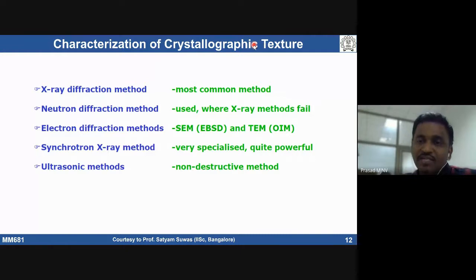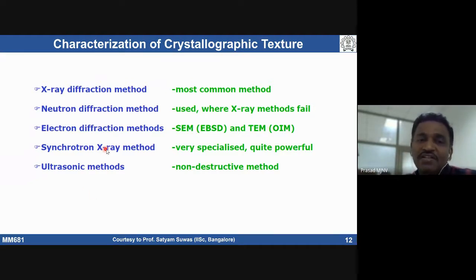Micro texture is basically surface information; localized information will be collected. For macro texture, one can use X-ray diffraction. For micro texture, we use EBSD, SEM, and TEM to get surface information in the material.